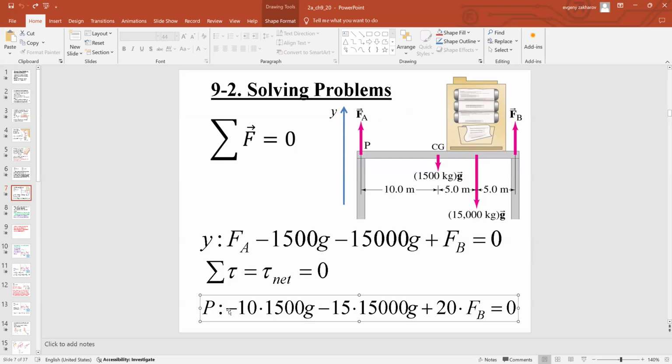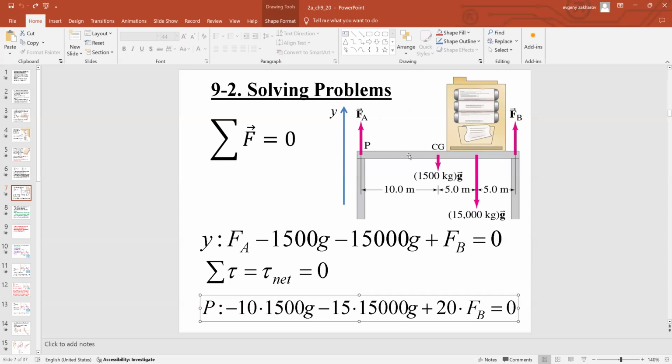So for point P, F sub A produces 0 torque because the line of action for force F sub A crosses the axis of rotation. Next force is gravity from the table, and the line of action, that's what I'm showing right now, up and down, and the minimum distance between this line and the axis of rotation is this distance.